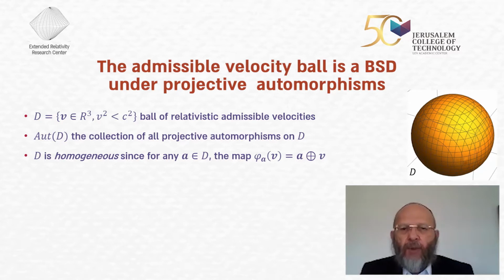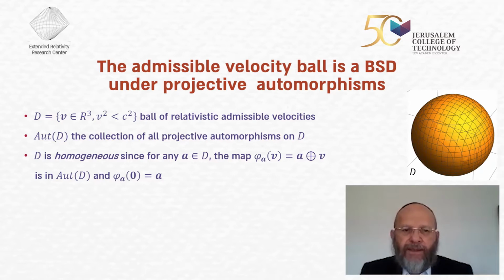If you pick any point A in D, then the map phi A of v, taking v to A circle-plus v, sends 0 to A circle-plus 0, which is A. This is an automorphism of D, and phi A maps 0 to A. That means D is homogeneous: it can move 0 to any point.